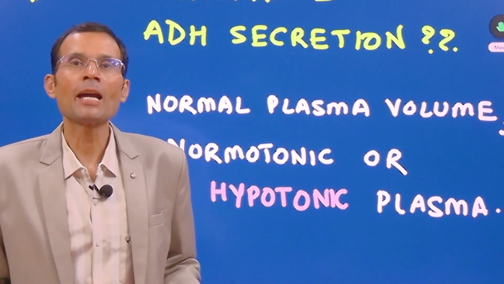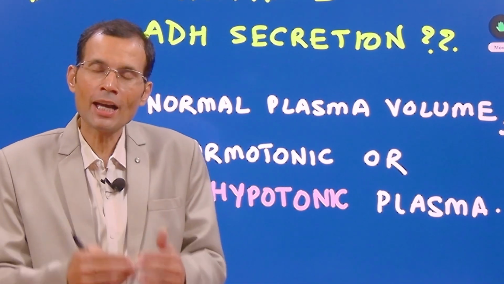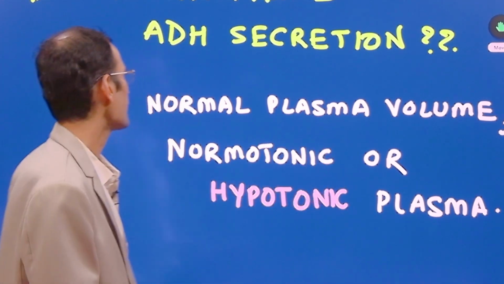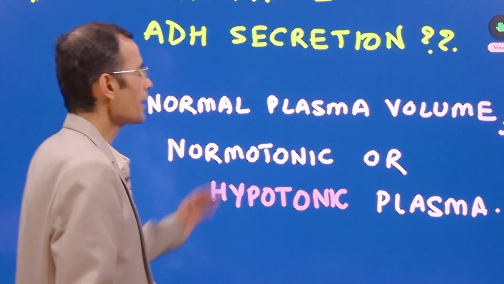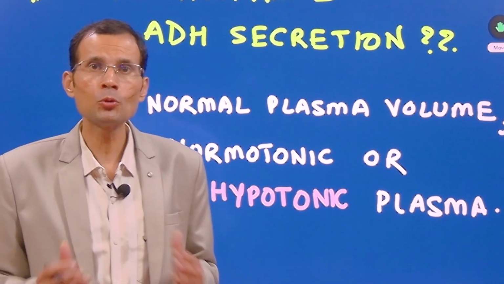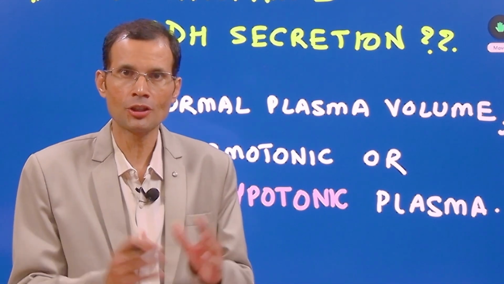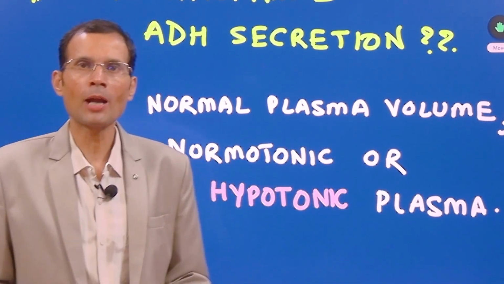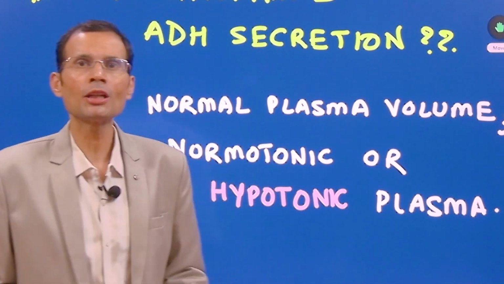Now when we say hypersecretion, why are we also calling it inappropriate? Let's see that. Imagine that the plasma volume is normal, which means there is no requirement of the ADH right now, or it's a normotonic plasma or even hypotonic plasma.